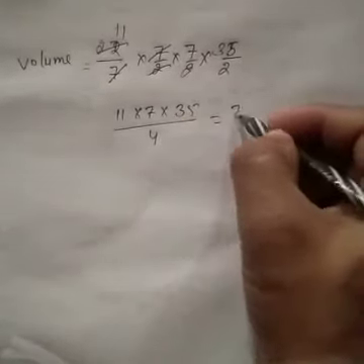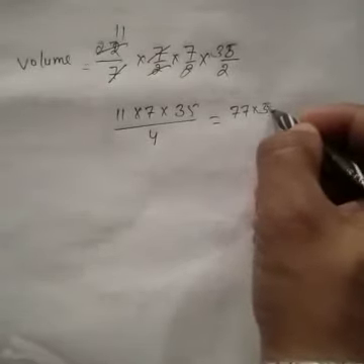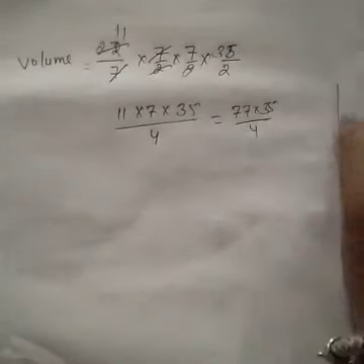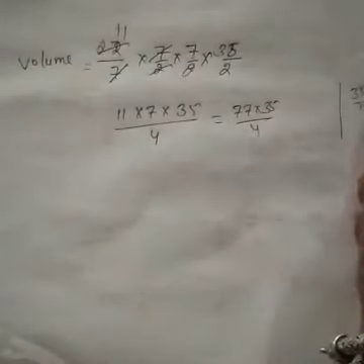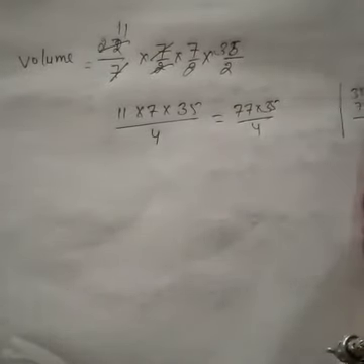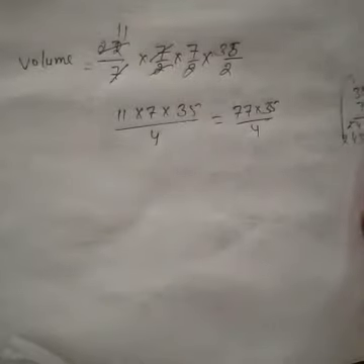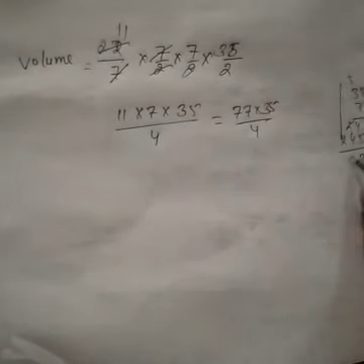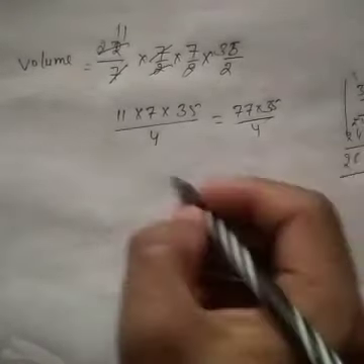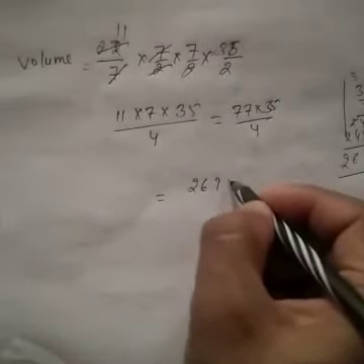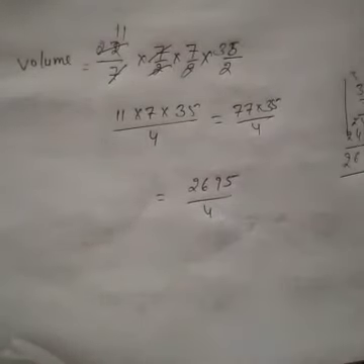Now 77 multiplied by 35 by 4. Let's multiply it over here. 35 multiplied by 77, so it's 2695 upon 4.